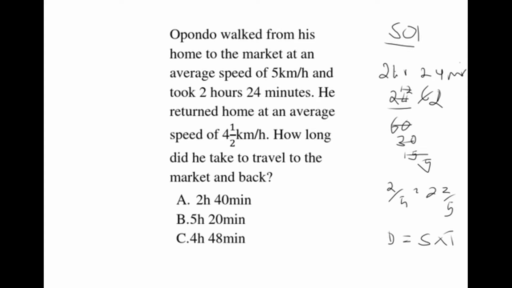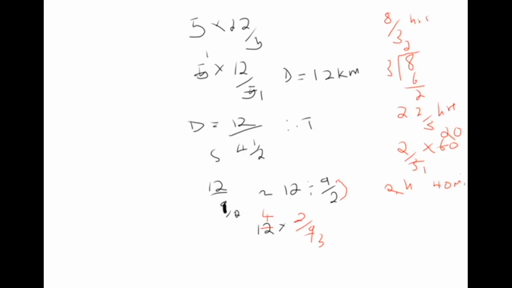Therefore, we proceed as follows: 2 hours and 40 minutes, add 2 hours and 24 minutes. We get 40 plus 24, we get 64. You subtract 60, so here you are left with 4 minutes. Then you carry this 1 hour.